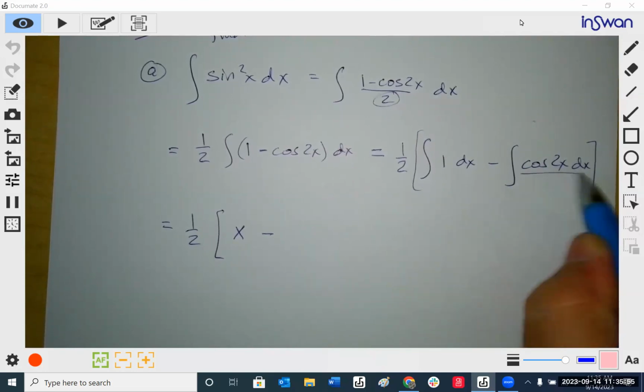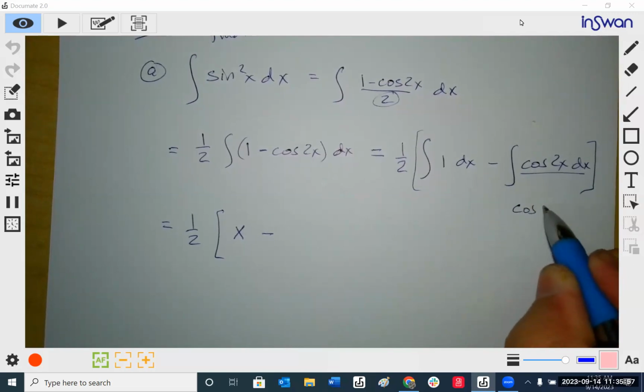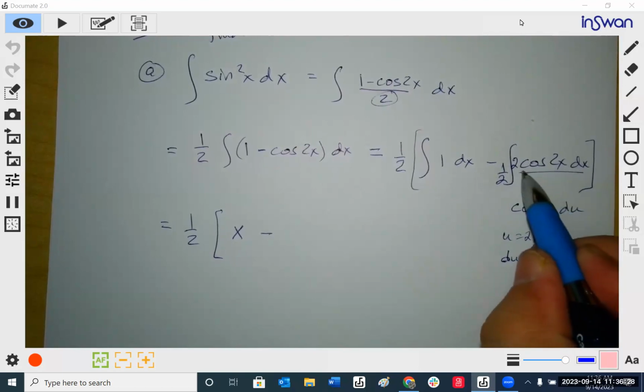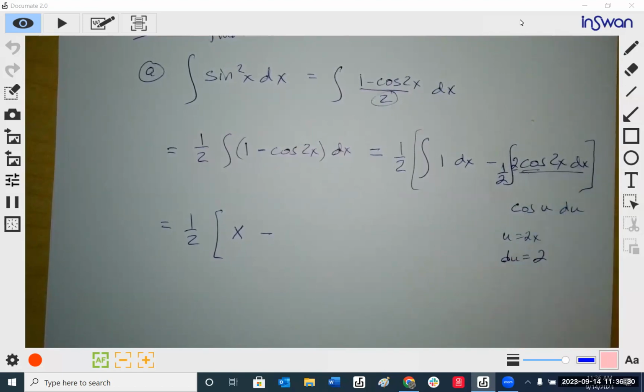Well, this we can do using substitution. We have cosine u. We need du. So if u equals 2x, what is du? 2 dx. So we have to put a 2 out in front and a 1/2 outside the integral, because now we have cosine u du.